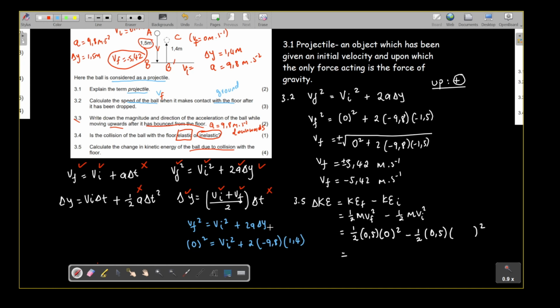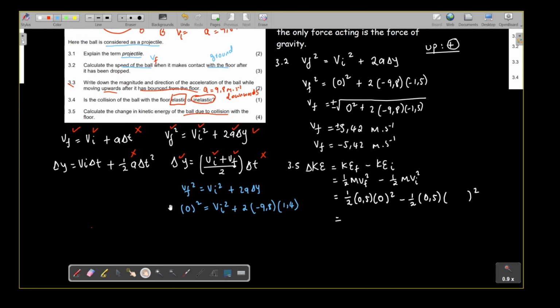So do you see that if you have drawn some segments, like labeled your motion, it's going to be easy to answer questions. So now you're going to solve for VI, guys. To solve for that, simply take this whole part to the other side, and you can just get your VI there. Remember, it's going to be plus or minus, but we're going to take the positive one because the object is going up and up is positive.